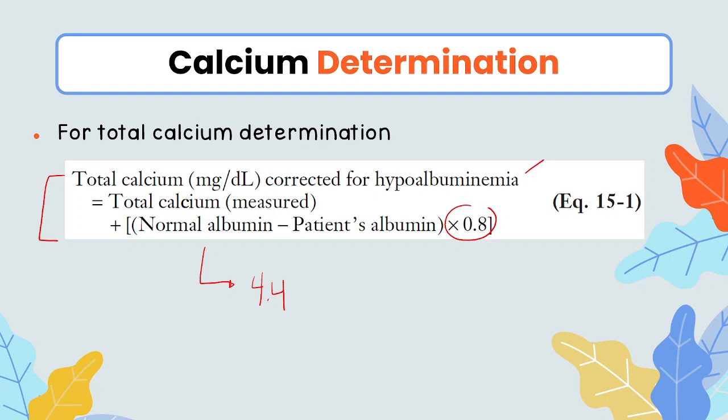So again, corrections should be made to accurately assess the concentration or status of your patient's calcium, because then again, I would just like to repeat that albumin is the primary protein that binds your calcium, kids, and any variation in that protein is clinically significant and would greatly affect your calcium determination.